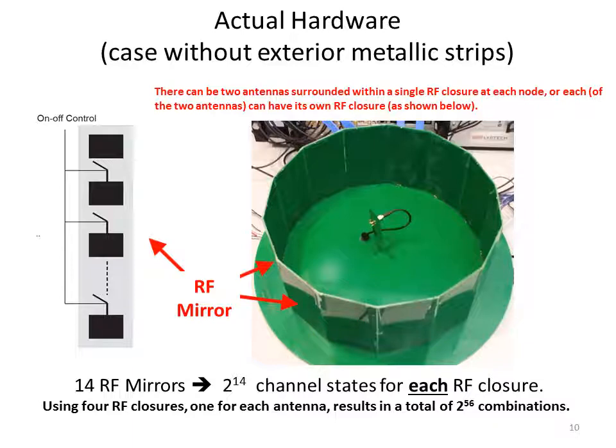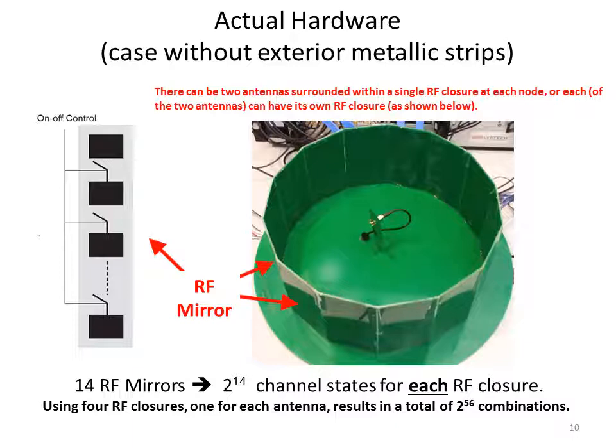So in total we will have 4 antennas, each within its own RF closure, and this results in 2 to the power of 14 to the power of 4, a total of 2 to the power of 56 combinations to change the phase, which brings a lot of richness in our ability to generate randomness. Of course, this is not necessary. We can use one RF closure and put 2 antennas for each unit inside one RF closure.